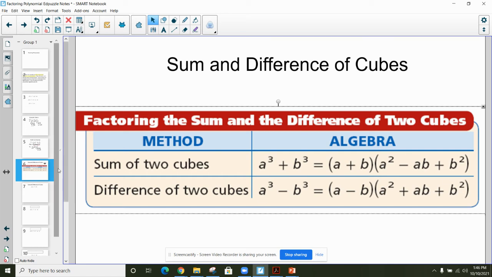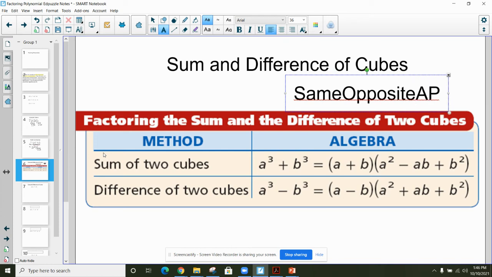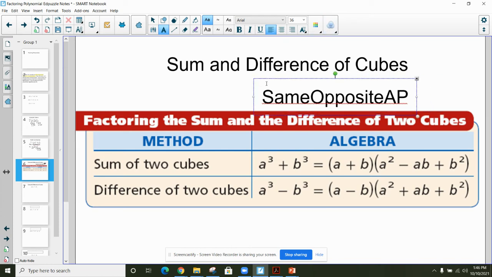All right, there's a little acronym that people use to help remember the signs of this, and that acronym is SOAP. And what that stands for is same, opposite, and always positive.